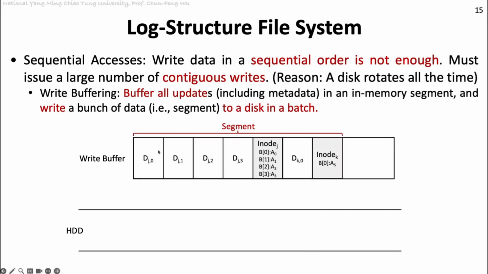For example, when the write buffer is writing DJ0, DJ1, maybe DJ2, at the same time there is another process also writing different data on the disk, so the writes will be interleaved with the other process. For example, after writing DJ0, maybe there is another data called DI from another process, and then DI0 will be written near DJ0. In this case, the data cannot be continuous on the hard disk drive.